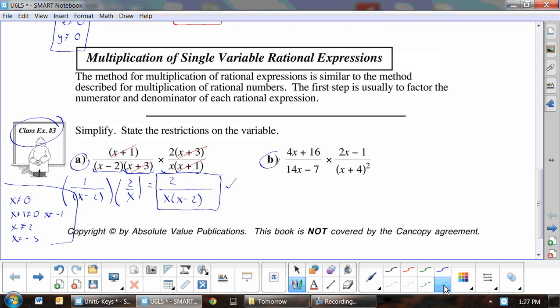Okay, so for B, this one's not as nice because our factoring's not done for us. So, Sam, what's that first question we always ask ourselves? I asked Sam.